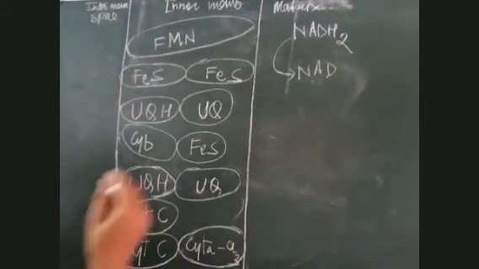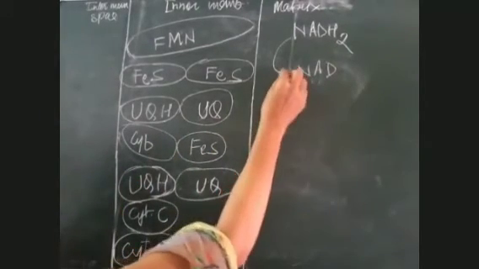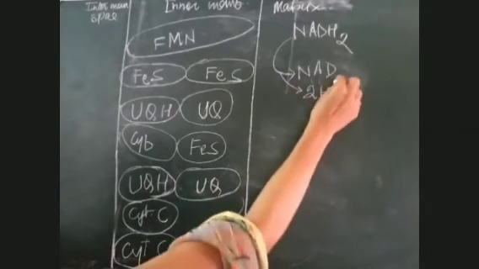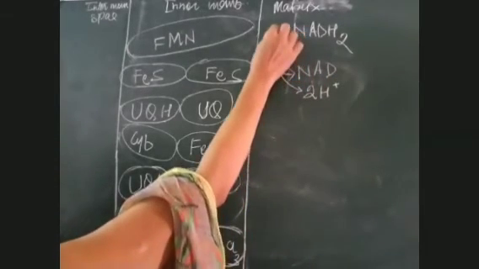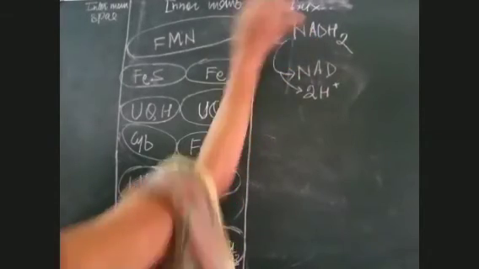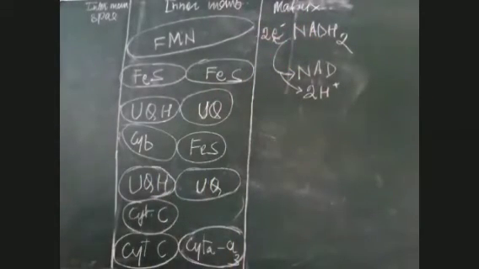Okay, this NAD is formed. Now, along with this, a pair of protons is also released, and along with the pair of protons, a pair of electrons is also released. So a pair of protons, a pair of electrons, and NAD. So this results in the release of energy.